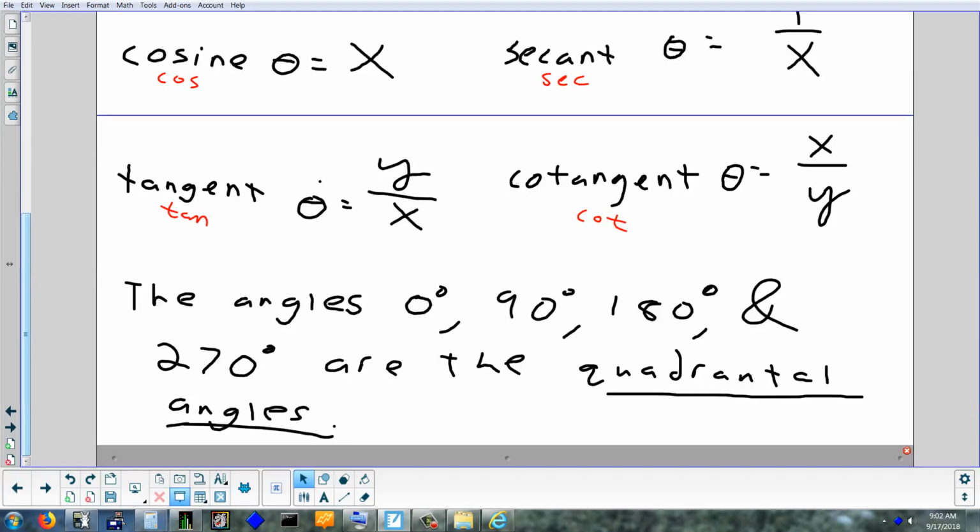And those are the only angles we know how to find the coordinates for, because those are easy. 0, 1, 0, negative 1, 1, 0, things like that. So those 4 angles are called the quadrantal angles.